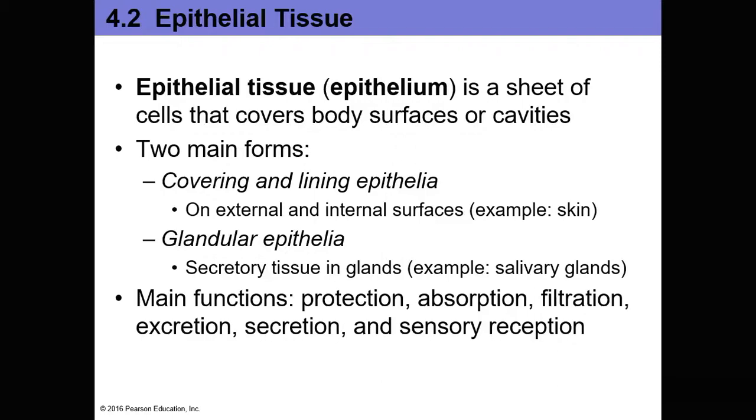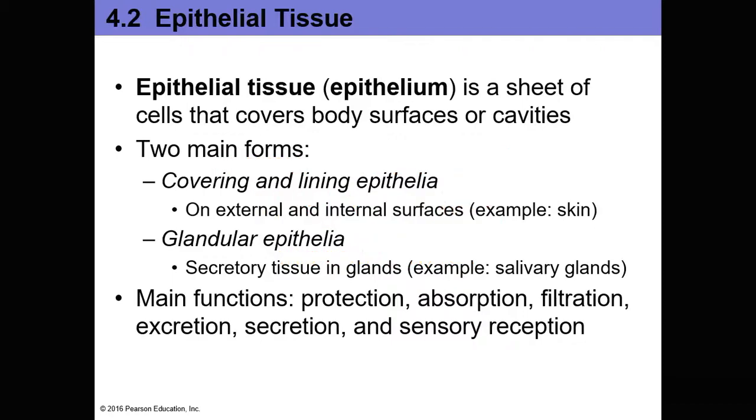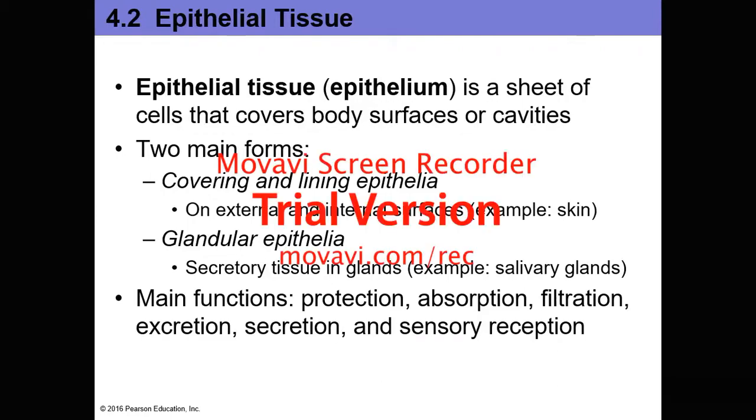They can secrete them in the body or outside of the body. They can secrete chemicals, waste, or hormones; you have different types of glands, so just be aware of that. The main functions of epithelial tissue are protection, absorption, filtration, excretion, secretion, and sensory reception.